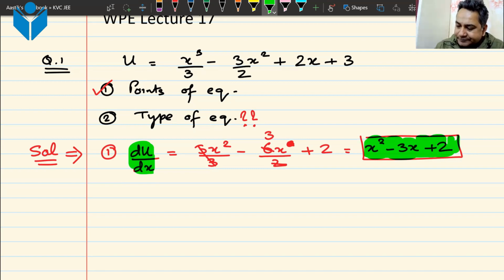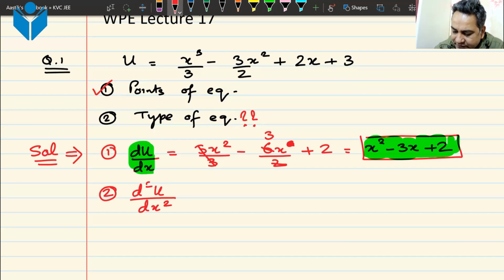Now to move on to the second step, we find the second derivative, d2u by dx squared. I will differentiate the green thing, x squared minus 3x plus 2. Let us find the second derivative first and then we will go ahead. So, what is the second derivative? I have to differentiate it.